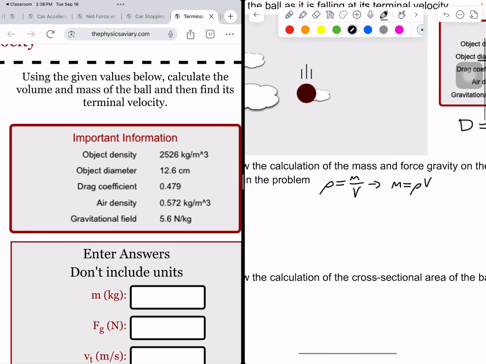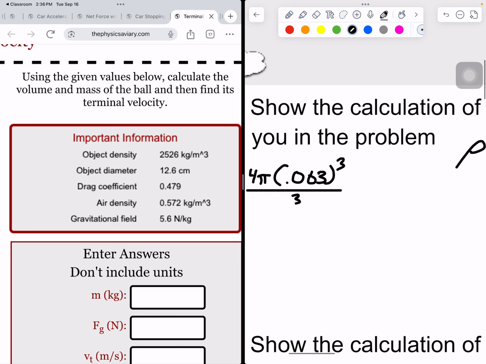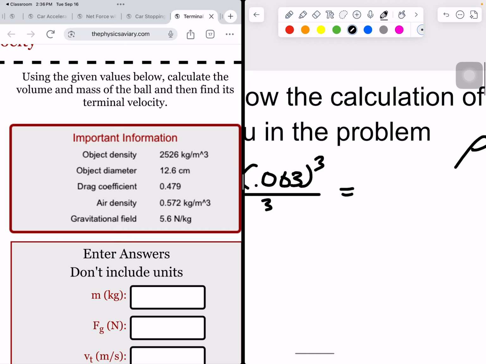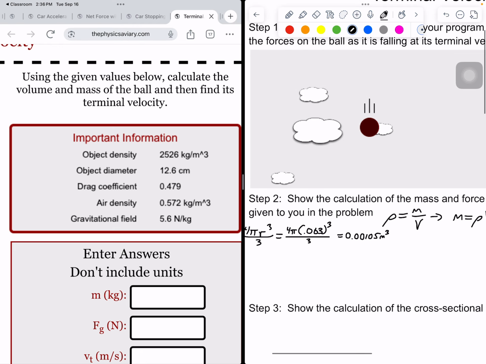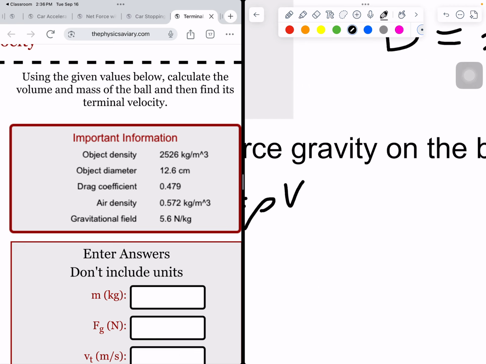So 4 pi times 0.063 cubed divided by 3. Let's figure out what that volume is. Okay, so for mine, I'm getting a pretty small volume of about 0.00105 cubic meters. Now if I take that information and multiply it times density, I will have my mass. So that's how I'm going to figure out my mass in kilograms.